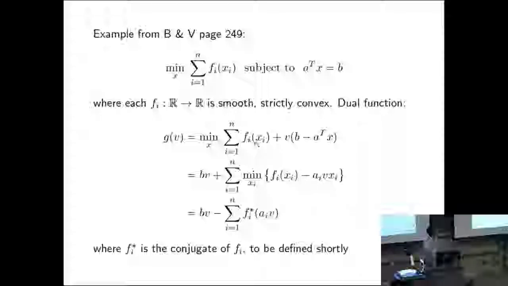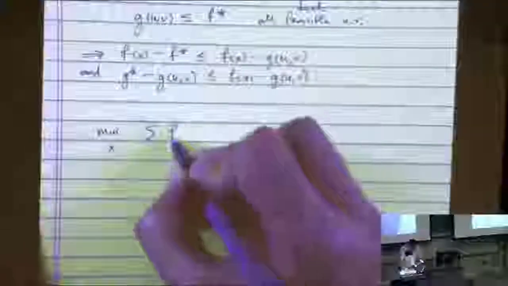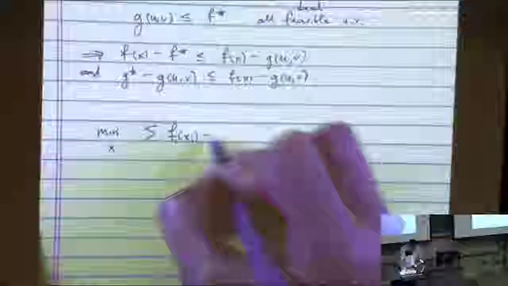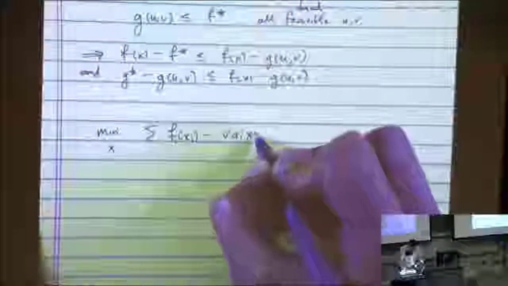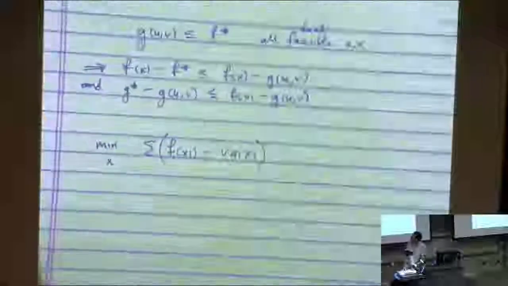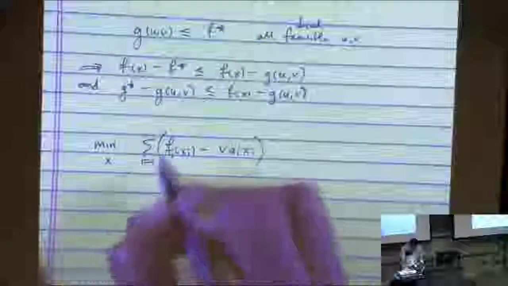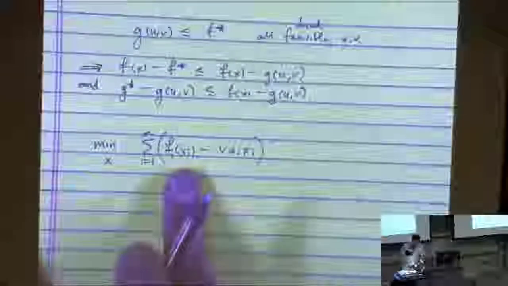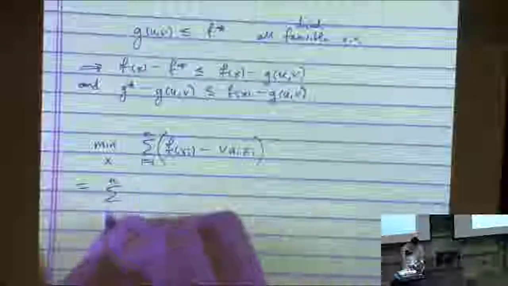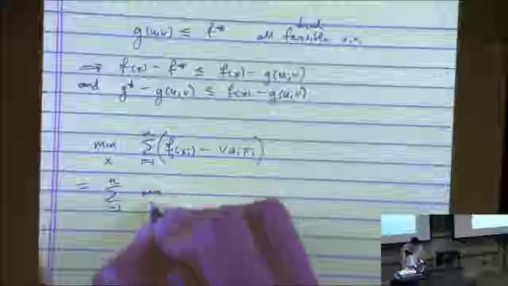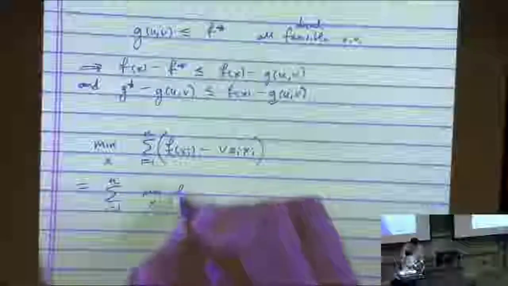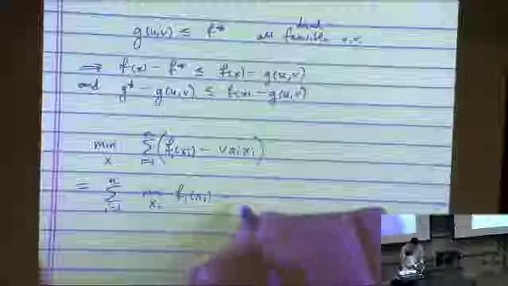And if I'm thinking about minimizing over x, I can actually minimize over each xi separately, right? Minimize over all x the sum of fi of xi minus v times ai xi. That's equal to just minimizing each term individually, right? Because each term only depends on one component of x.